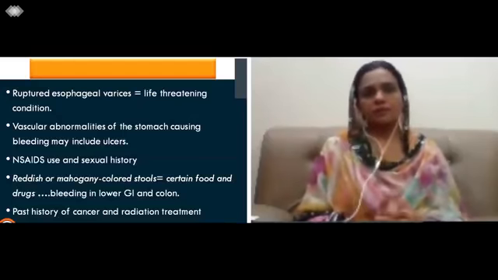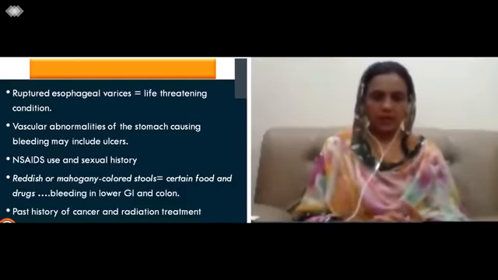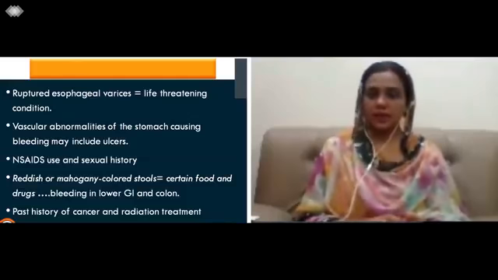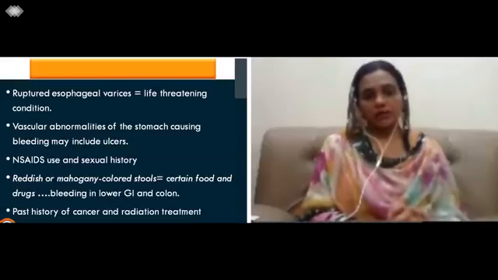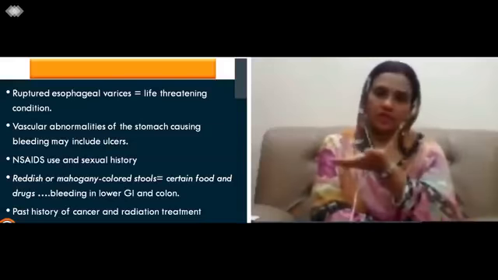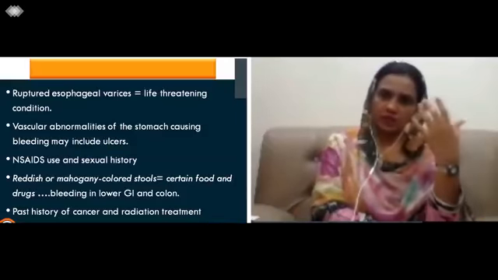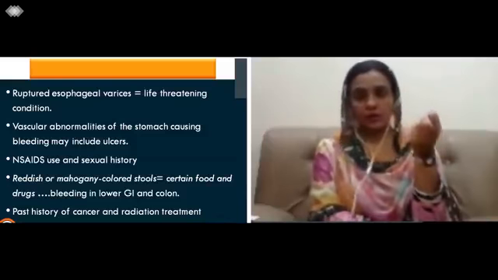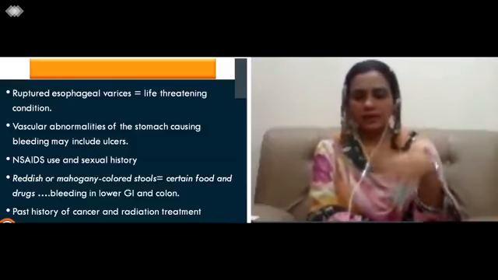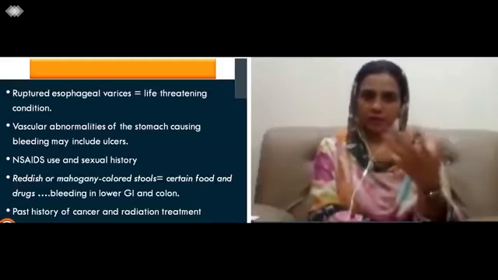Then if there are other vascular abnormalities of the stomach, they can also cause it. Most of the time, there are ulcers. They are a source of bleeding. So if the patient has upper GIT involvement, and especially if you have some suspicion regarding ulcers, you should ask about NSAID use. As we have already discussed, NSAIDs are a source of ulceration in your upper GIT.